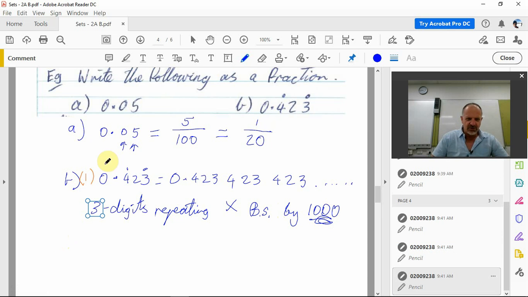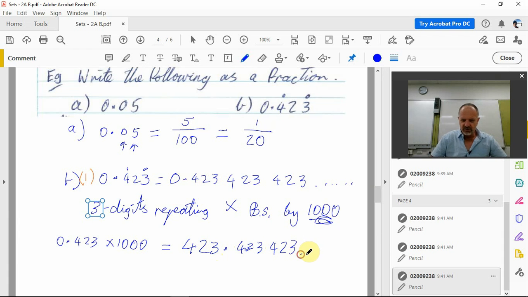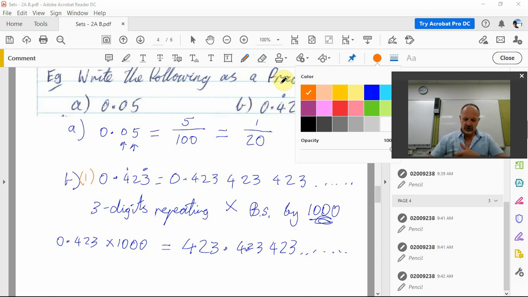So on the left I'm going to do 0.423 times 1,000. On the right-hand side, multiplying by 1,000 moves our decimal point, so I'm going to get 423.423, 423, and that, of course, repeats. And that equation I'm going to call equation number 2.